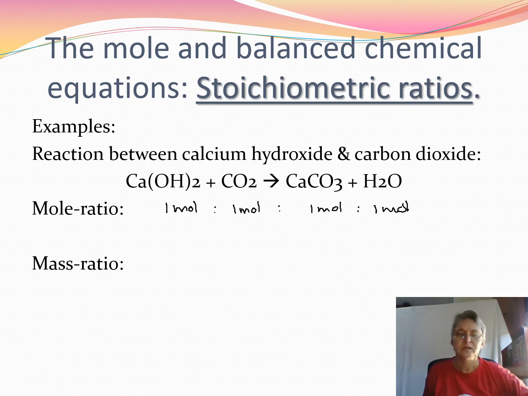So, what is the mass ratio here? I know that the mass ratio is 44 grams for carbon dioxide, and I know it is 18 grams for water. Calcium carbonate, I think, is 100 grams. So it's 40 for calcium plus 12 plus 3 times 16.